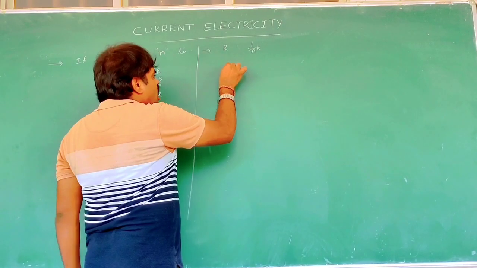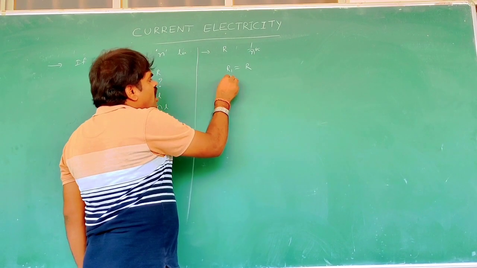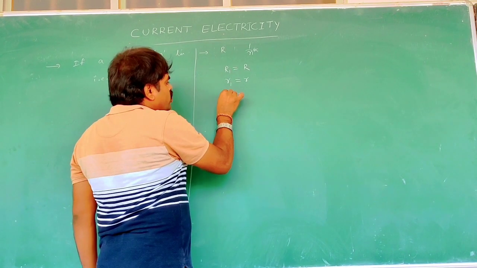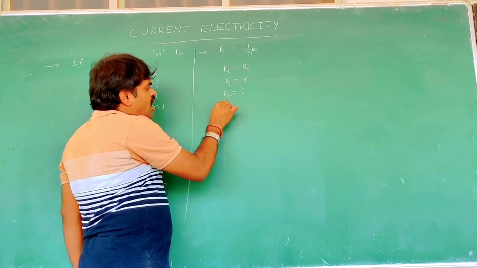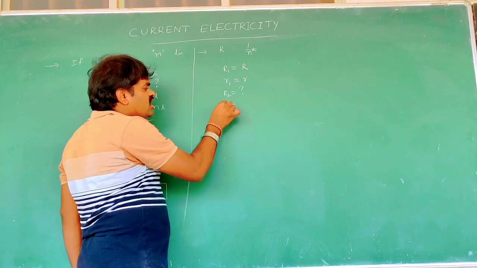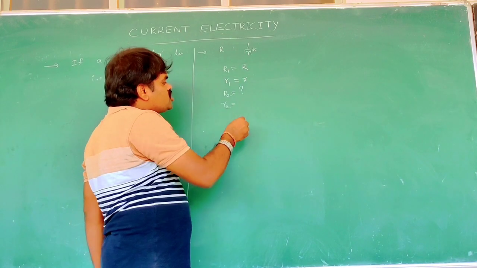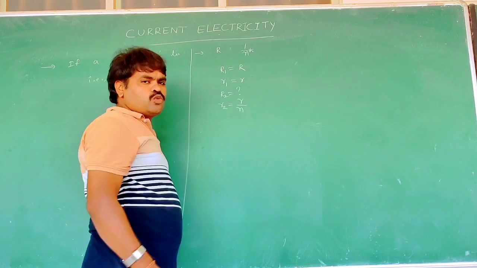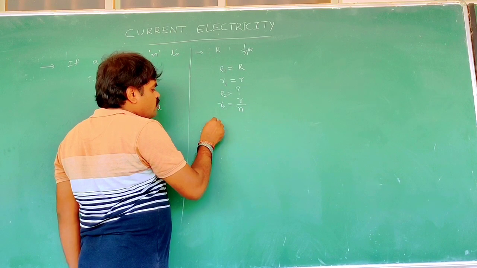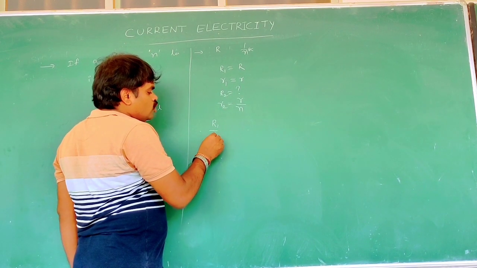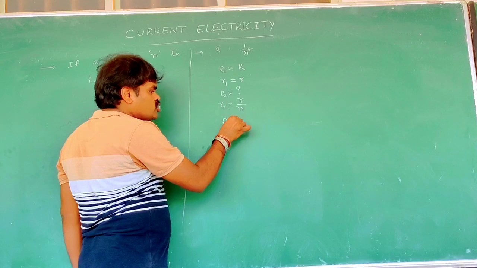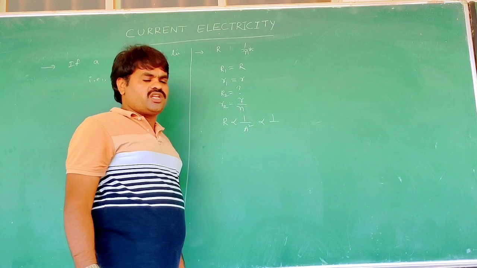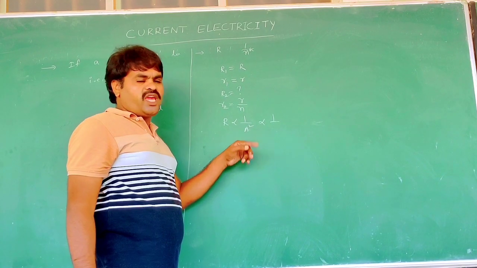Then R1 is equal to R with radius of cross section small r, and R2 we are finding with radius small r2, which becomes the original radius by n, 1 by nth of its original radius of cross section. Then the formula: R is proportional to 1 by A square, and the area of the cross section A is equal to pi r square.